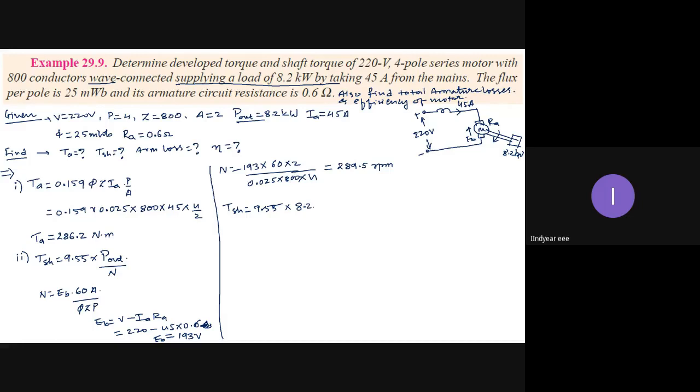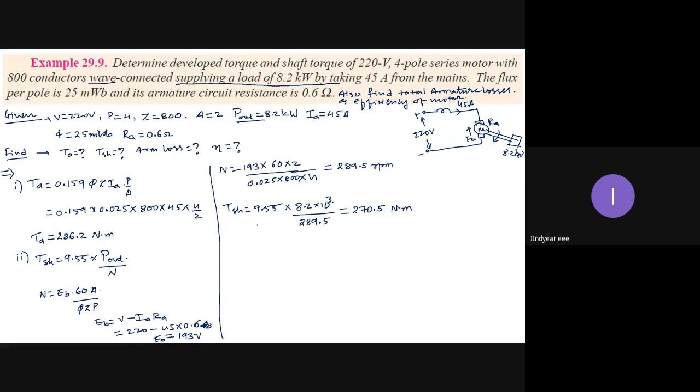So 8.2 into 10 to the power 3 divided by 289.5 equals 270.5 Newton meters.